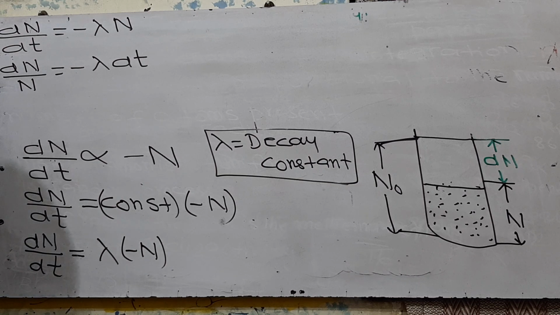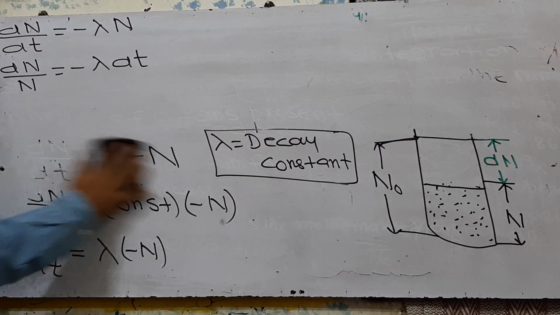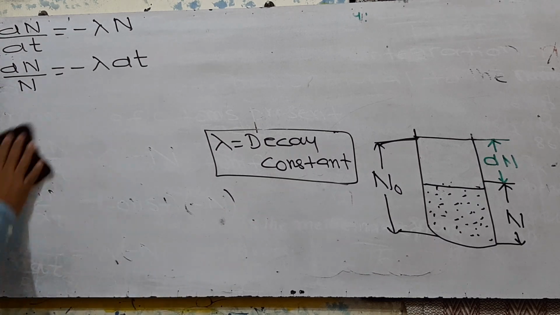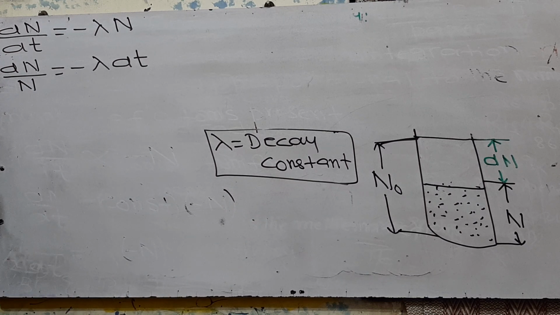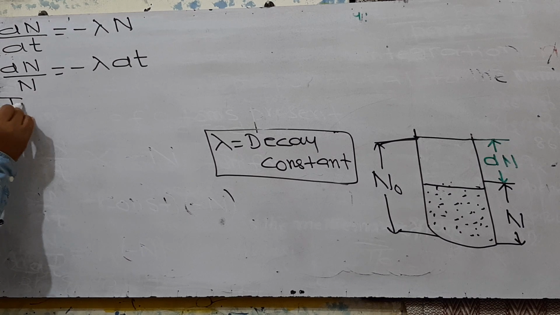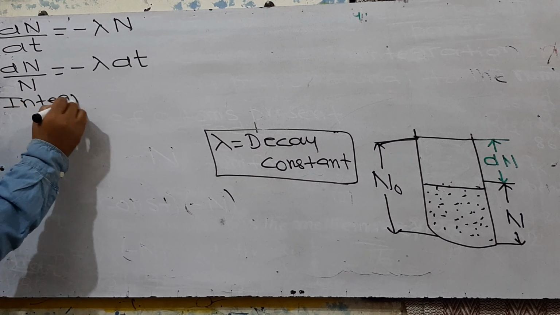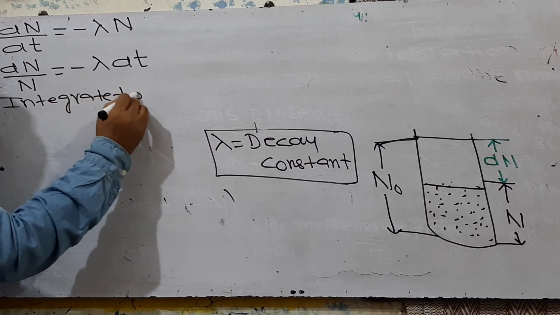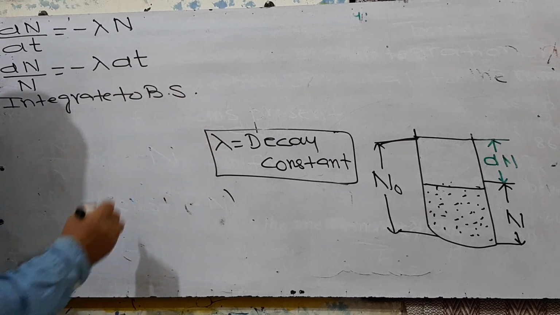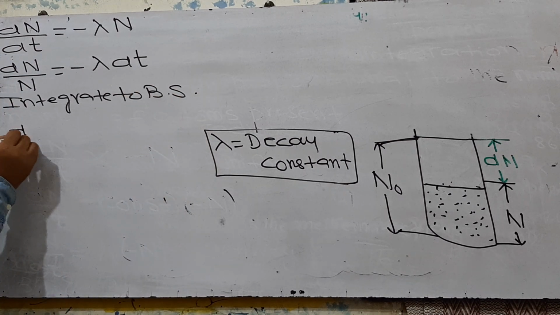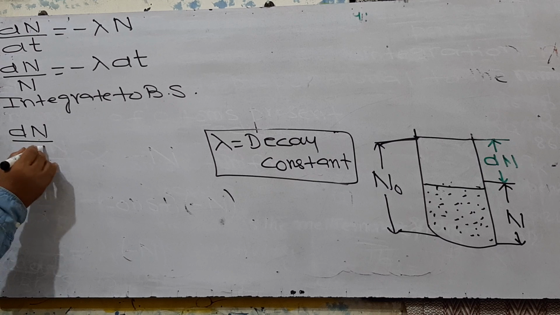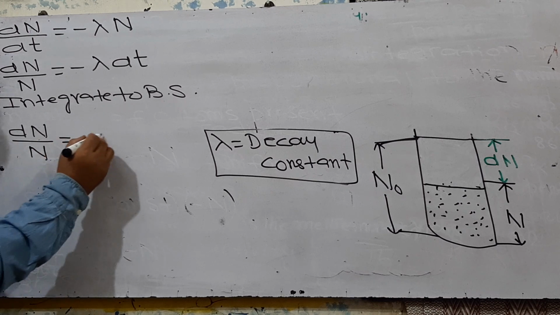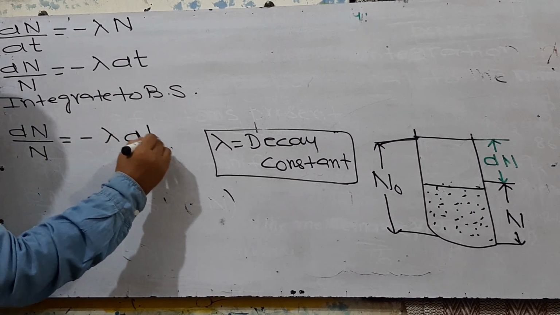Now I apply integration to both sides. So dN over N is equal to minus lambda into dt.